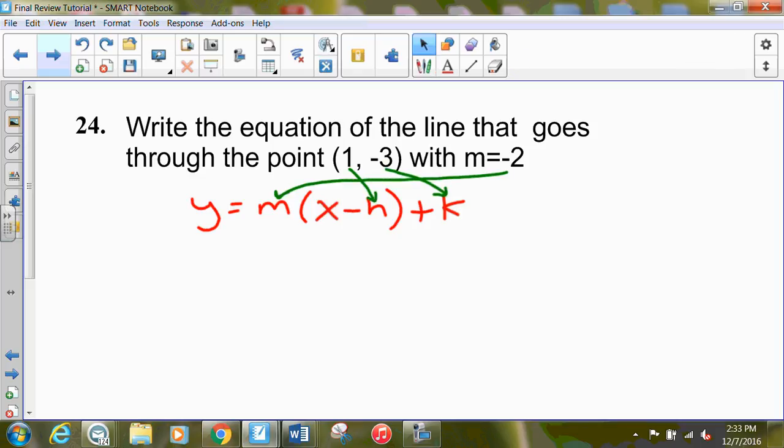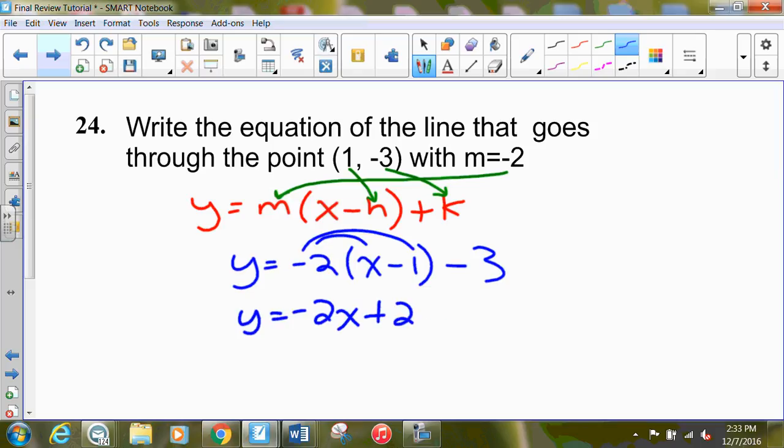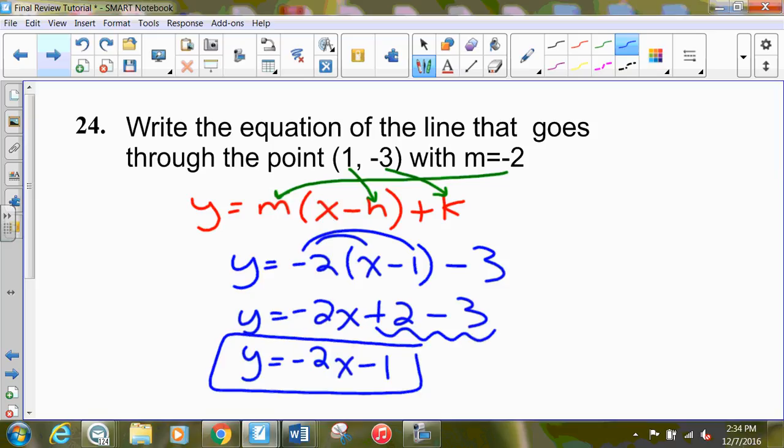So now all we need to do is plug it all in. So we're going to distribute, of course. Bring down the -3. We're going to combine our like terms. And there we have it.